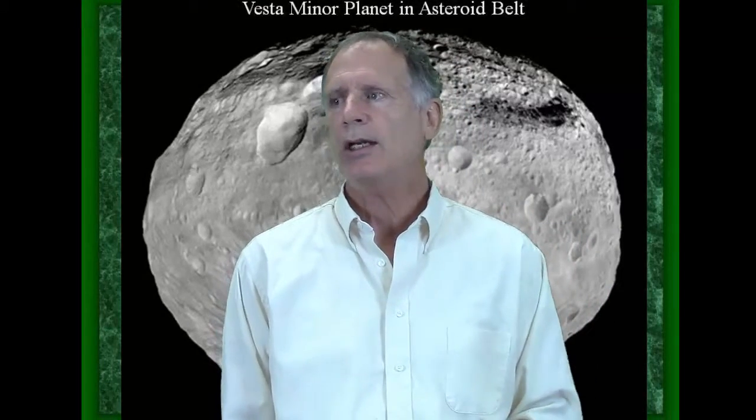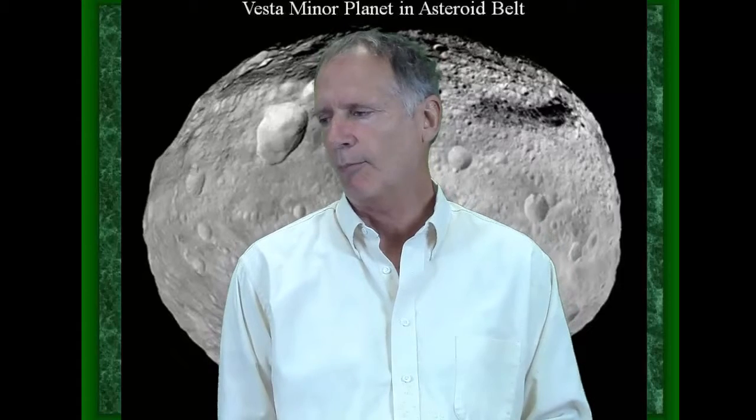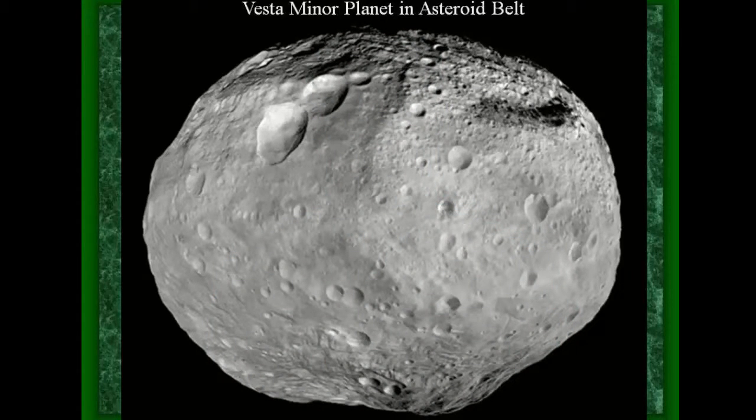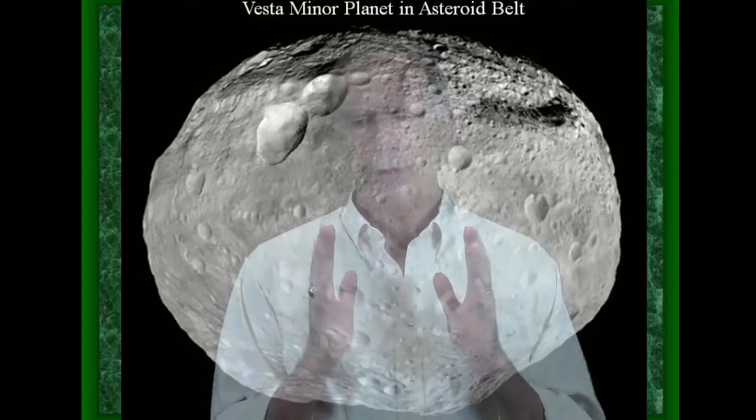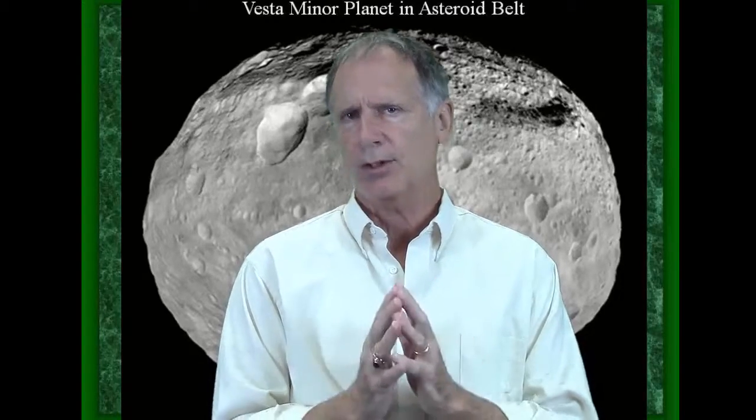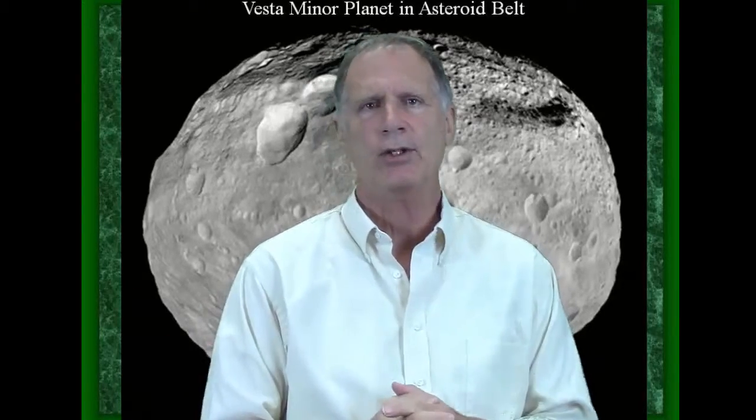Now, we have studied an asteroid by sending a spacecraft to it. The Dawn spacecraft went and visited Vesta, which is shown here. And it turns out that Vesta not only has basaltic lava flows on its surface, but Vesta is a differentiated asteroid. And we've talked about how the planets are differentiated. It's the same thing with the asteroids.